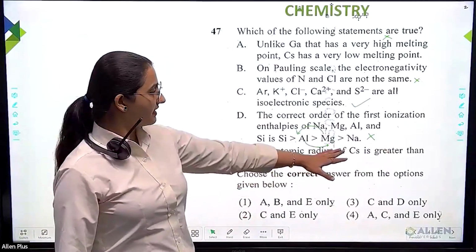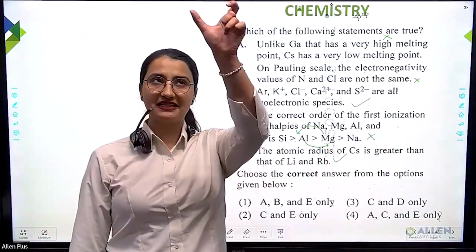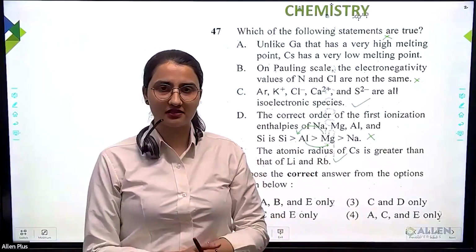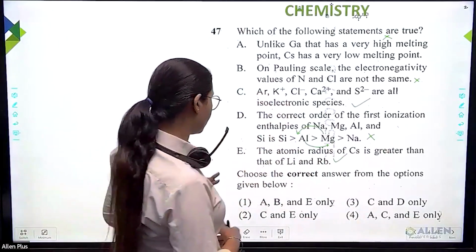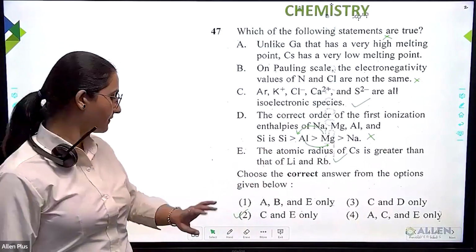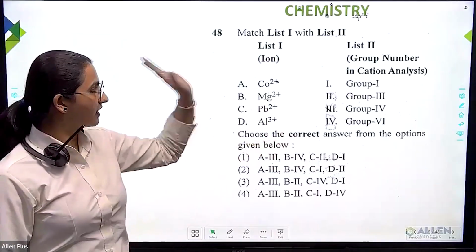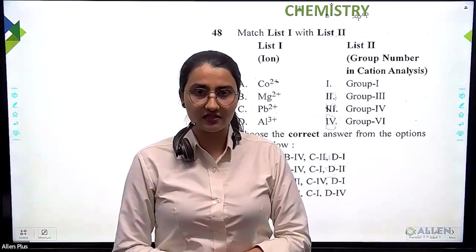Next, students, atomic radius of Cs is greater. This is right. We know as we descend down the group, size increases. So the correct option is what? Option C and E, C and E only. That's option 2, right?